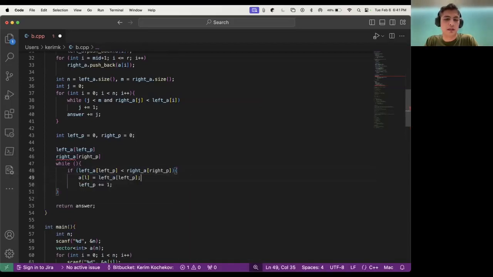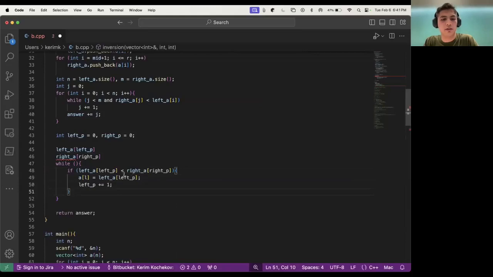But we need to be careful that one of these elements might not exist. Like left P might reach the end of the array. In that case, we put the right pointer's element whenever this condition holds, or the right part's element does not exist. So the right part's element does not exist whenever right P is equivalent to what?